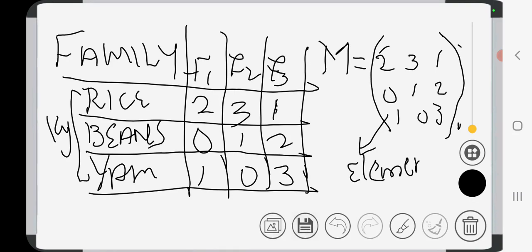Each entry there is called elements, and every element has what is called address. The address is to indicate the location of a particular entry in a matrix. So let me put the matrix M back again here.